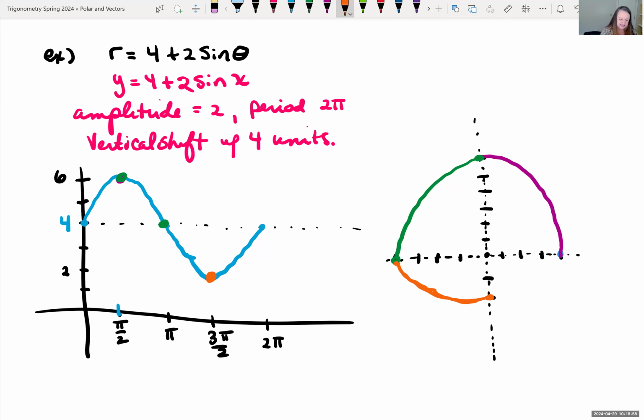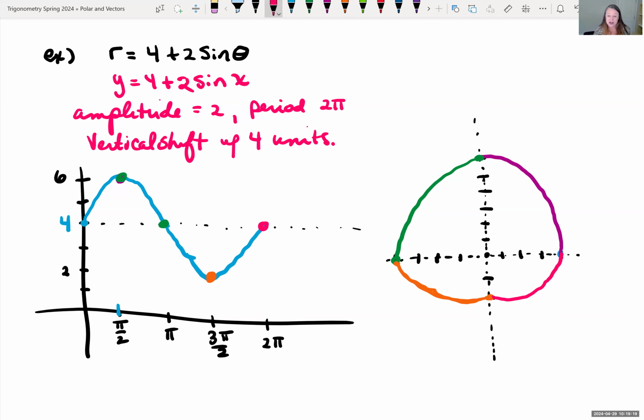And then as I am increasing to 2 pi, I'm going to go back up to 4. So here is our image of our graph in polar form.